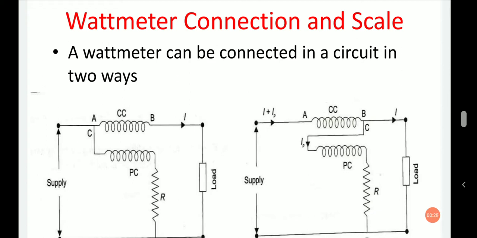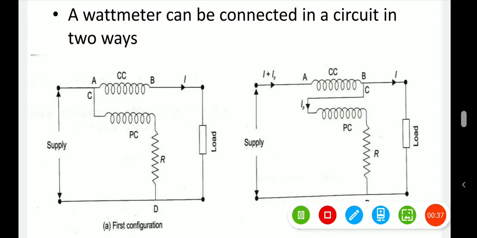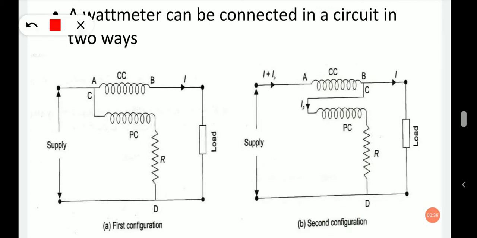In the figure you can see the current coil is connected across the terminals AB, while the pressure coil is connected across terminals CD.